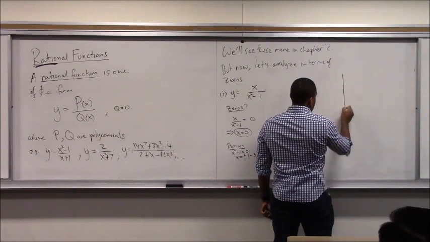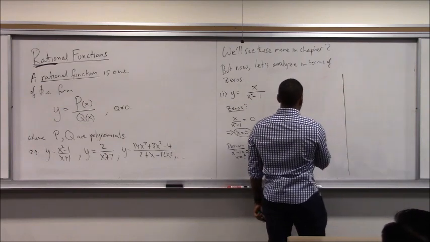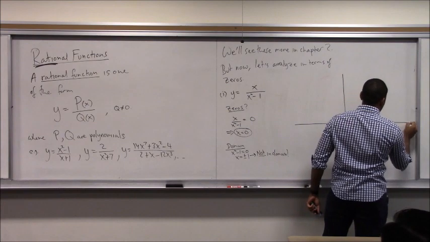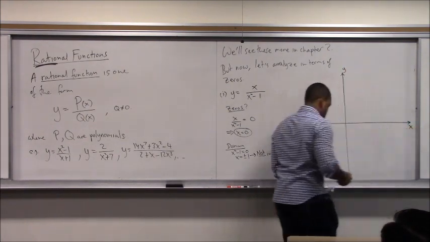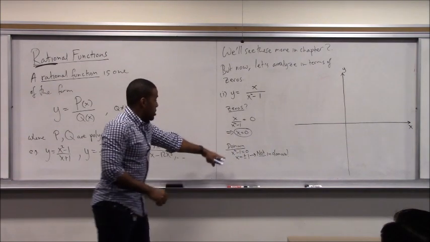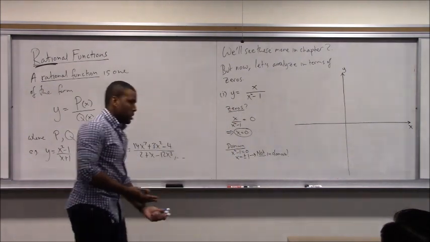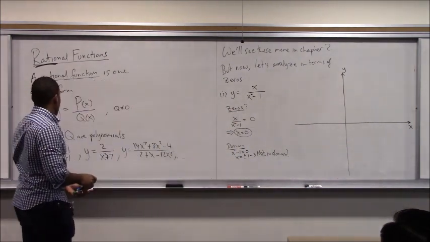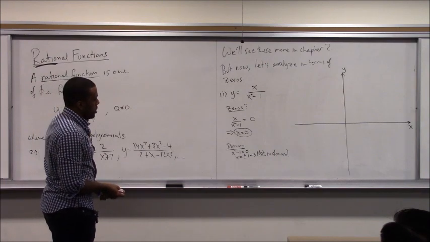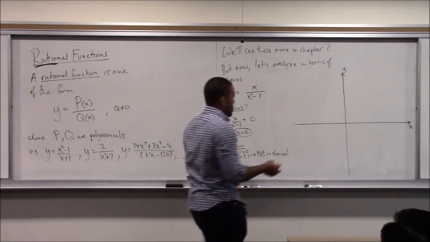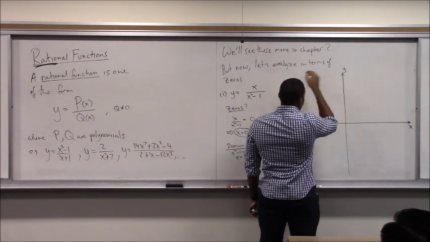So let's look at the graph of this function. Let's put in the xy. If you're graphing a rational function, the points that make your denominator 0 are points you cannot touch because you can't divide by 0. In this case, it would be plus or minus 1. How that looks on your graph is something called an asymptote.